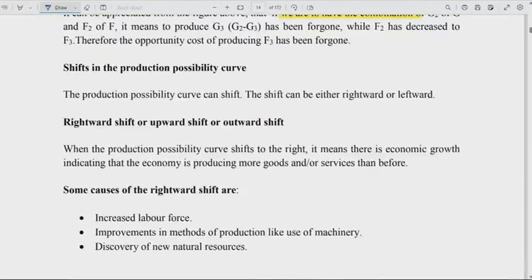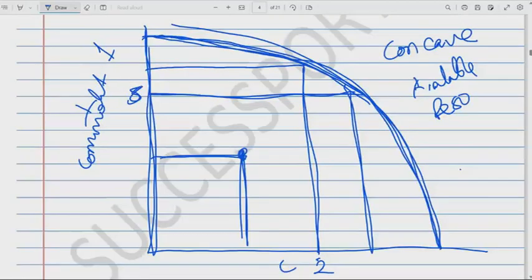Now let's look at shifting in the production possibility curve. The production possibility curve can shift. The shift can either be rightwards or leftwards. Let me sketch the curve again.